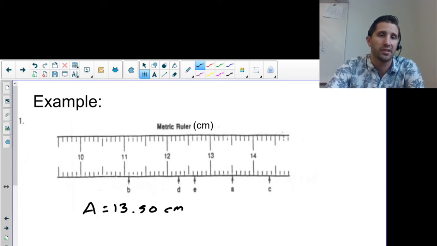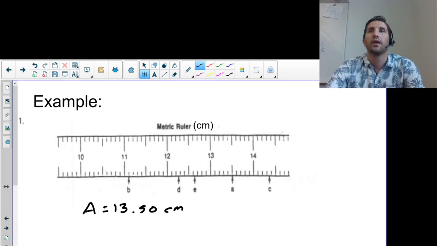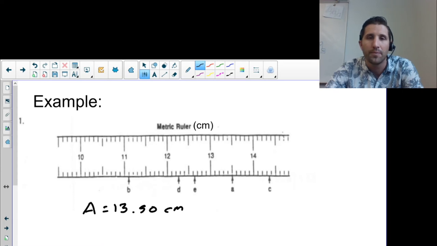I think the next example will help to illustrate this point. Notice I wrote down the 0. I didn't just write down 13.5, because I know for certain that it's 13 and that it's 0.5, and I'm estimating that last digit. We always want to make measurements this way: write down every digit you know, and then estimate the last one.